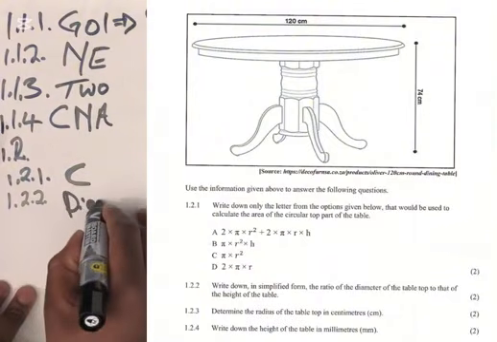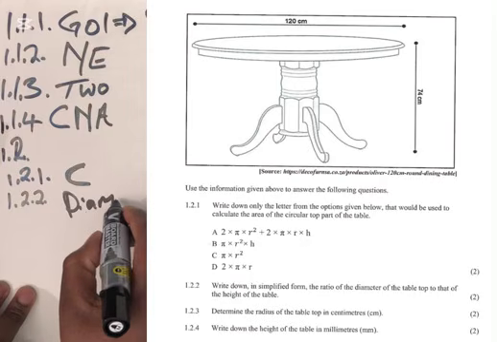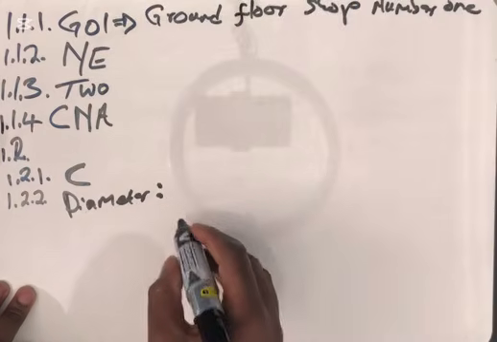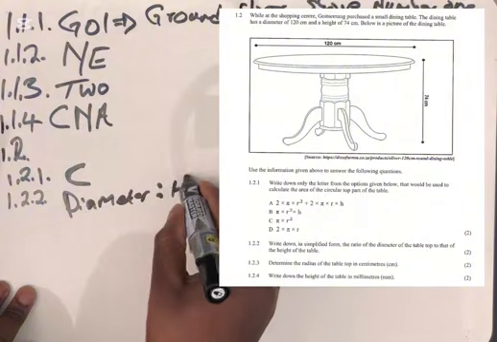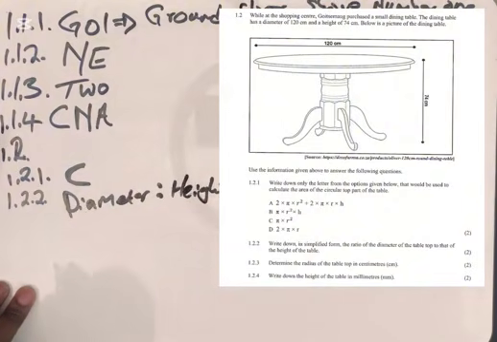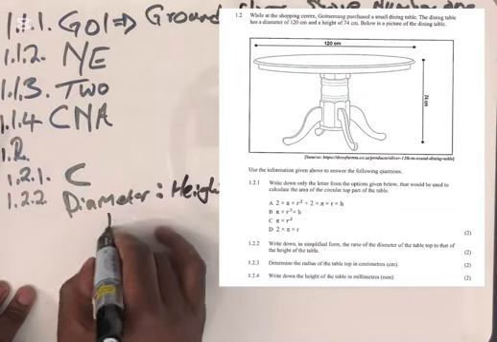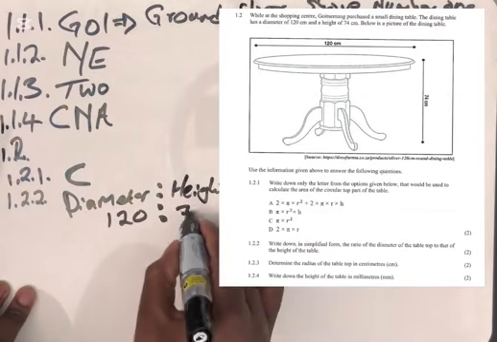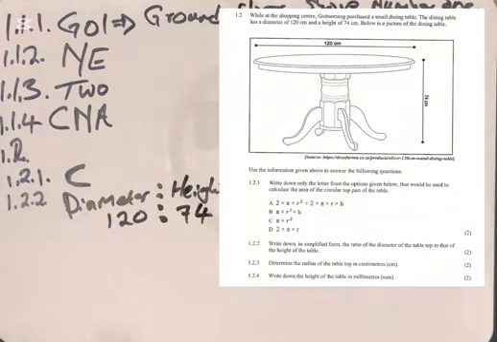You say diameter is to height. If you check here, our diameter is 120, our height is 74.